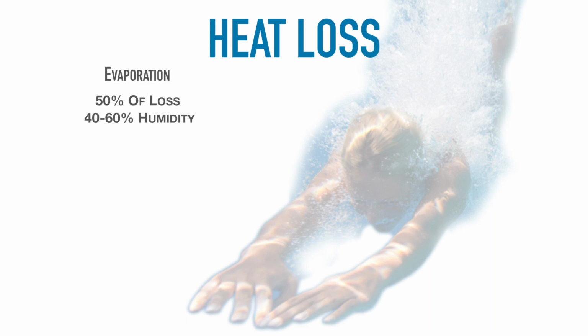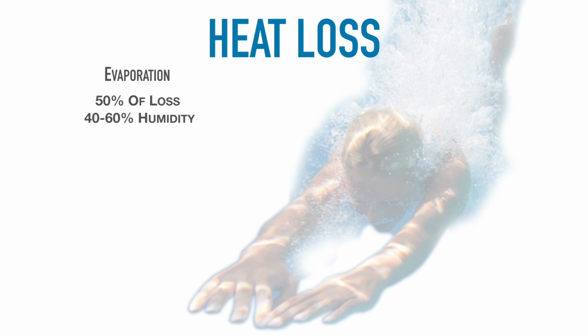The first way is going to be through evaporation. One thing that I want you guys to remember when you are doing the test is low humidity equals high evaporation. High humidity equals low evaporation. They are opposites of one another. So in this situation, up to 50% of our heat loss can come from this evaporative heat loss.